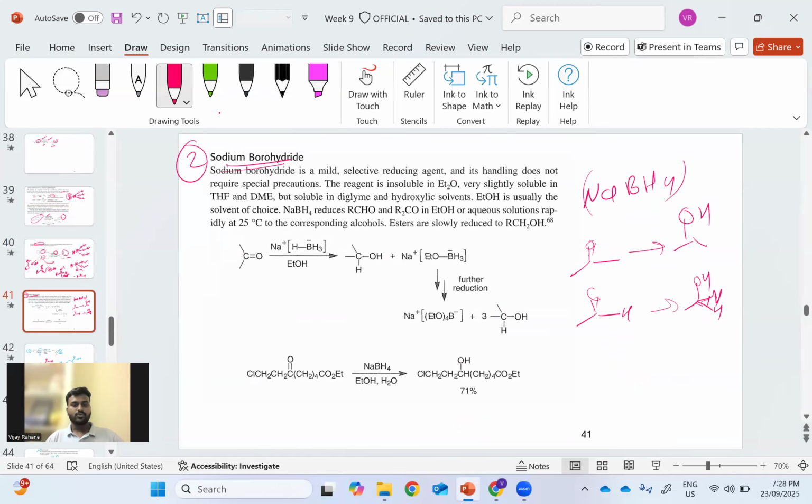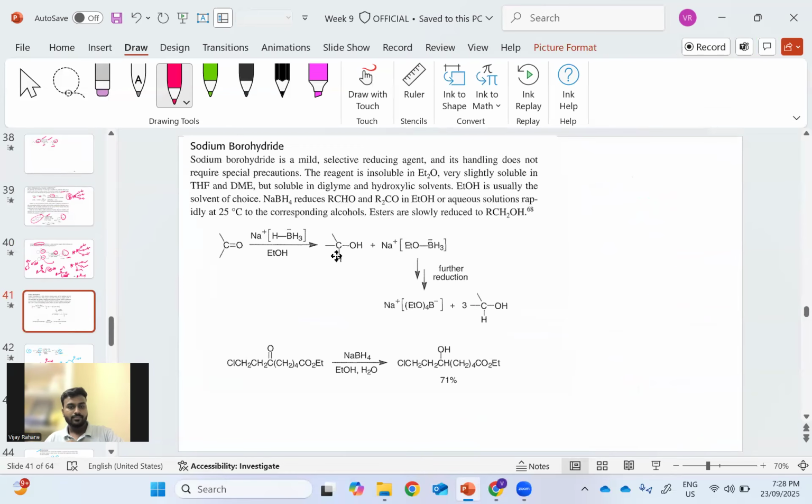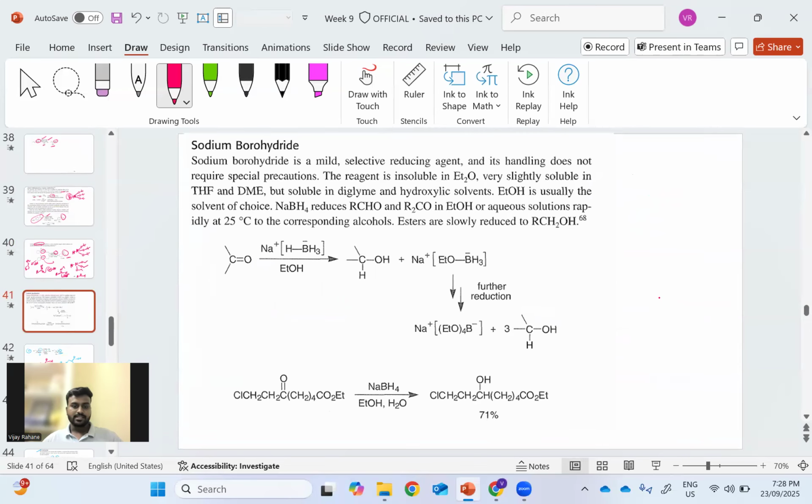The next reagent is sodium borohydride. If you look at sodium borohydride, the mechanism of this reduction is similar to lithium aluminum hydride. So this hydride source attacks the carbonyl. It gives the formation of alcohol, and there is no further reduction with this reagent, right?